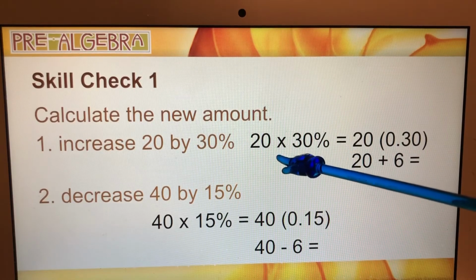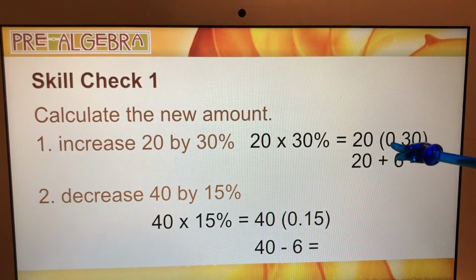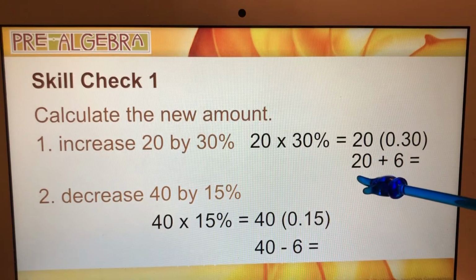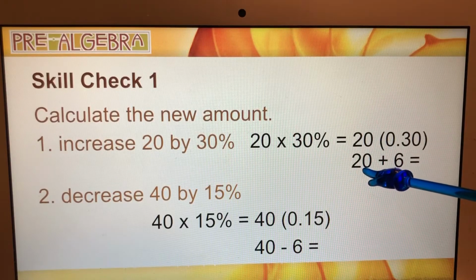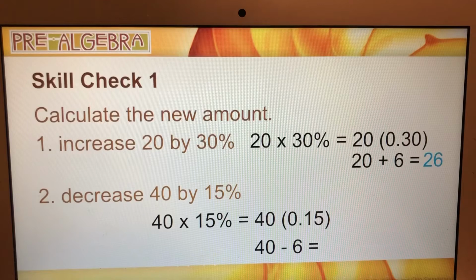And if it's an increase, so here I have 20 times 30%, 20 times 0.30. And if it's an increase, then I'm going to take the original amount and the amount of change, and I'm going to add them together because that's an increase. And then I should get 26.